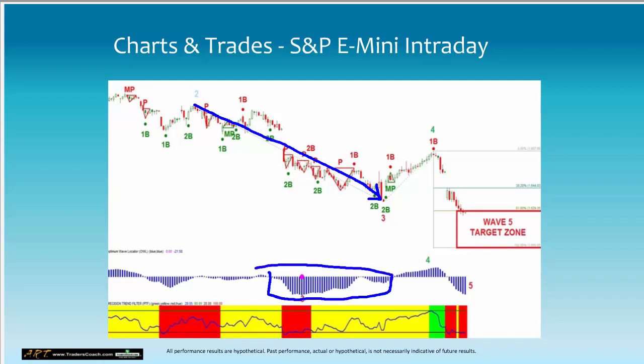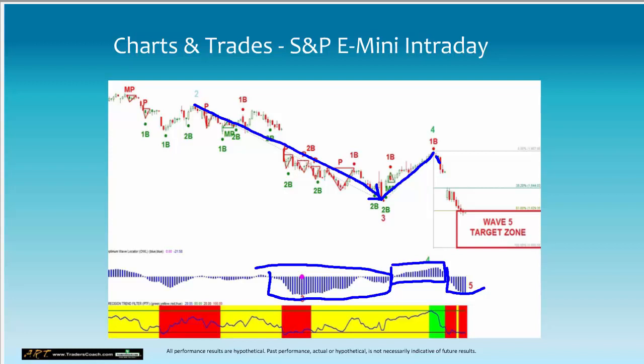Notice here it rose into a fib retracement zone, and the optimal wave locator, which measures momentum, turned bullish. And then notice here it went bearish again. And we then saw a selling of price where we could start drawing in our fib extensions to get a wave 5 target zone.